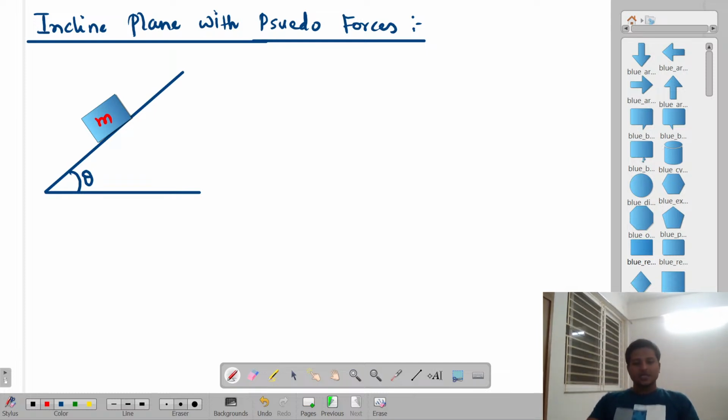So this is my inclined plane. I placed a block of mass m on a wedge, and this wedge has wheels over here. Got it?